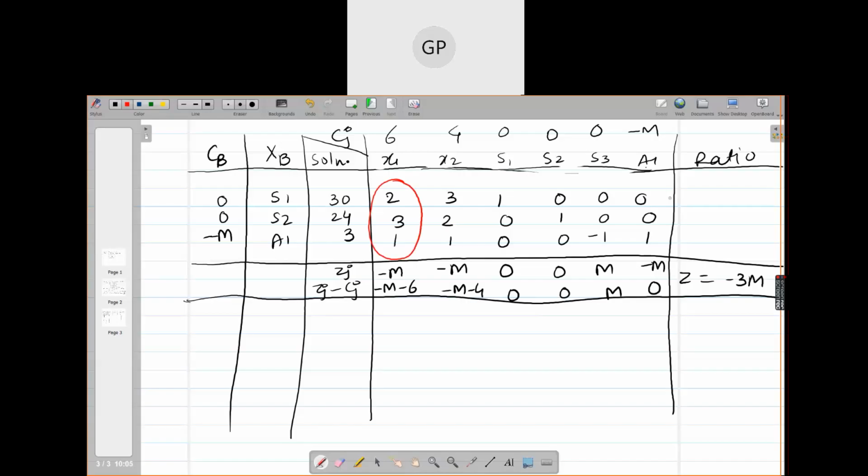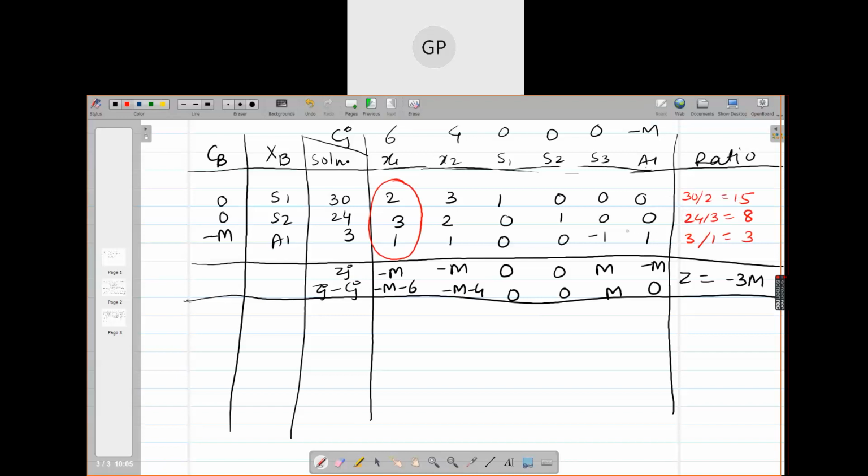That means you are going to enter the variable x1 in the next table or in the solution. Okay, now which variable should be replaced by x1 that we want to see? So let us calculate the ratio quantities. So ratio quantities, solution column divided by pivot column. So 30 divided by 2 is 15, 24 divided by 3 is 8, and 3 divided by 1 is 3.